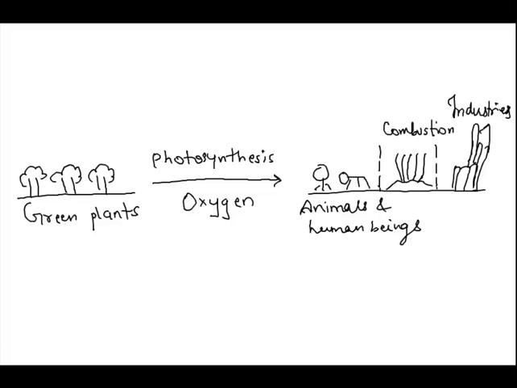It burns, so we are able to burn something with the help of oxygen. Even matchsticks work on that principle. And here are some industries. Right? Now, how can green plants get the carbon dioxide?